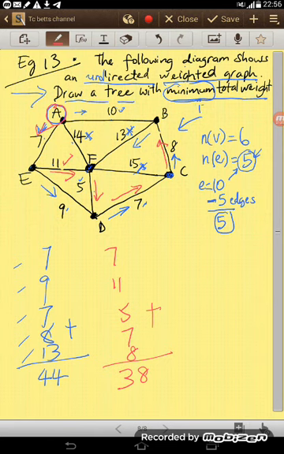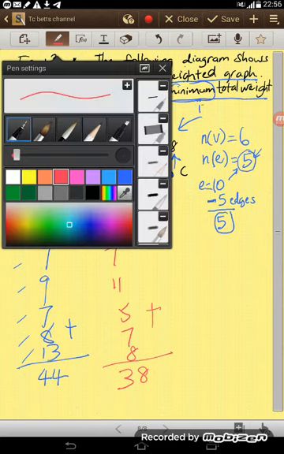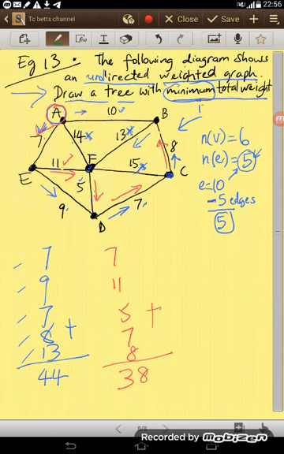Okay. So are you satisfied? Maybe there's another route that will be the minimum total weight. We try another one. Let's say the green one.